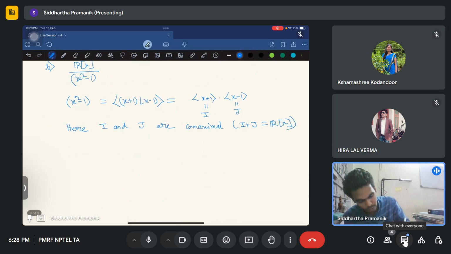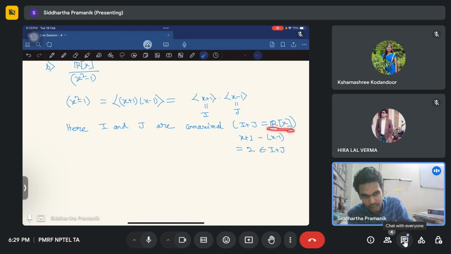If you take x plus 1 and subtract x minus 1, you will get 2, which belongs to I plus J, and 2 is a unit in R[x]. An ideal generated by a unit should be the whole ring. So I plus J is comaximal.